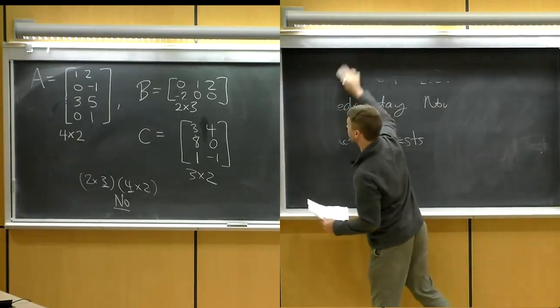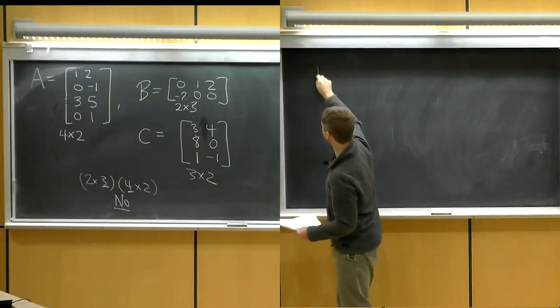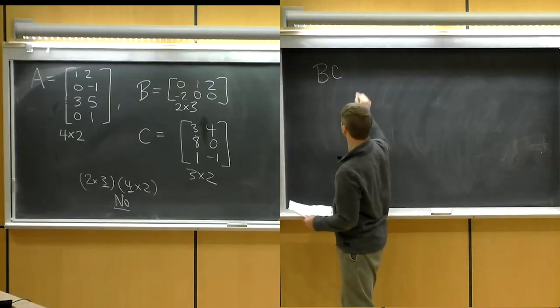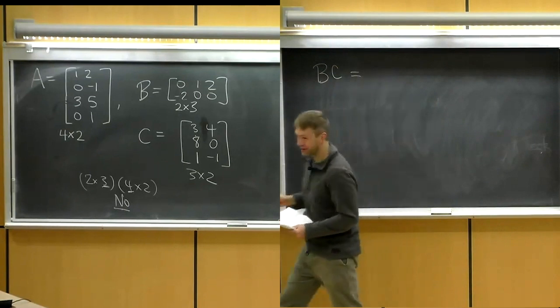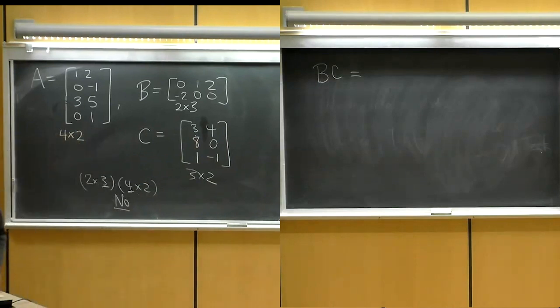Let's give you a bit of practice doing this on your own. For those two matrices B and C, I'd like you to take a minute and try to compute B times C. Feel free to chat, work together, ask me questions.